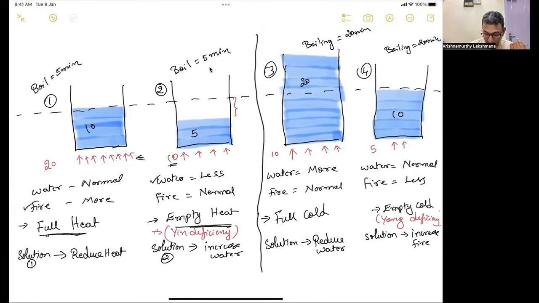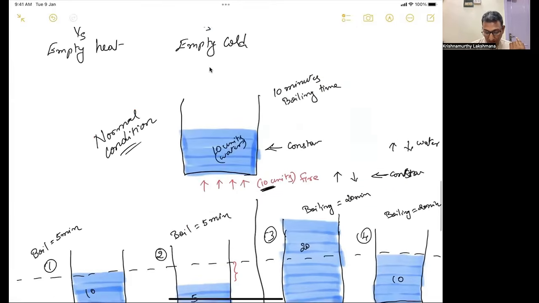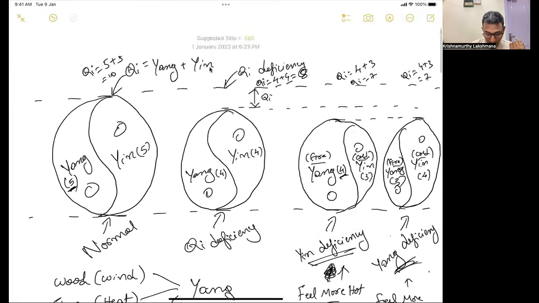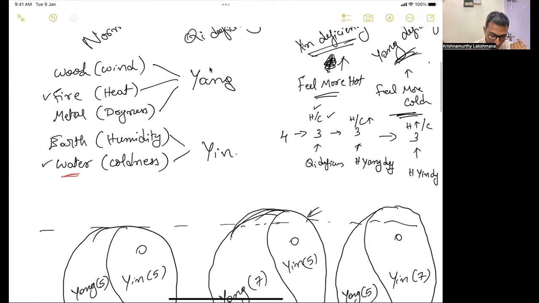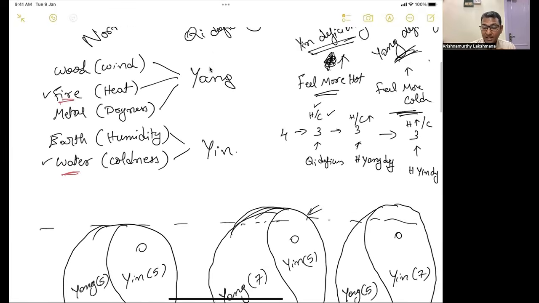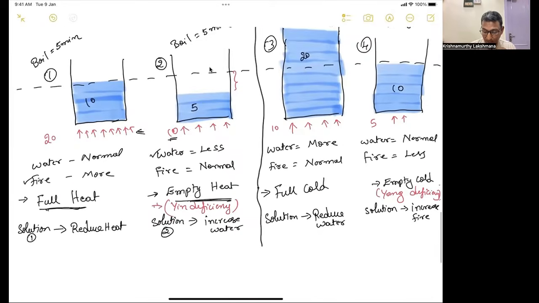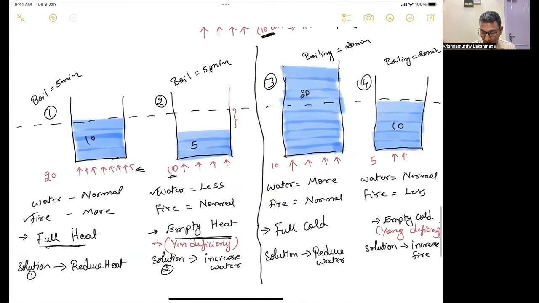Because basically the heat is less, the fire is less. Heat is less due to Yang deficiency. Because what is Yang? Fire is Yang for this example, and that fire is what happening? It is less. So it should have been 10, but it is 5.